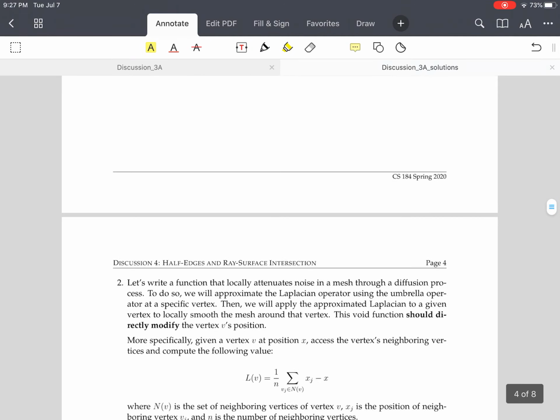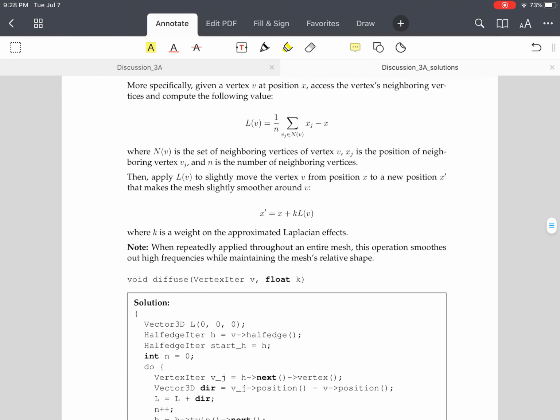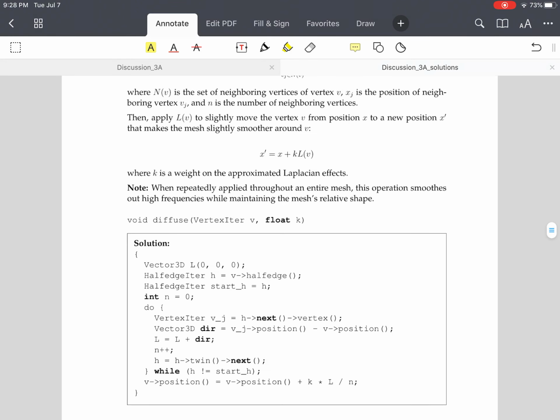Now once we have Vj, we're going to get its position using the position method, subtract the two positions. This is just following this math equation up here. Subtract the two positions, add that to L. So we're just keeping a running total in L, once again following the math equation. Increment n, because now we've visited one more neighbor, and then do exactly what we did last time.